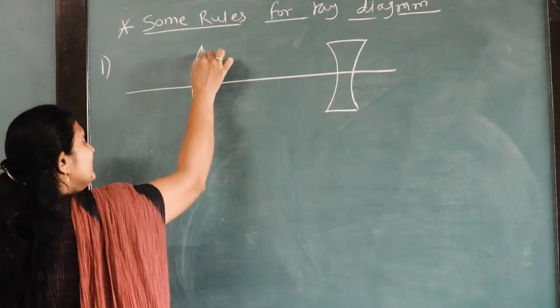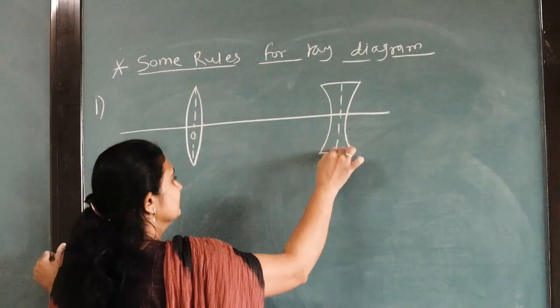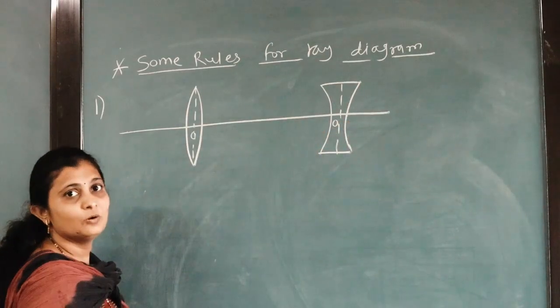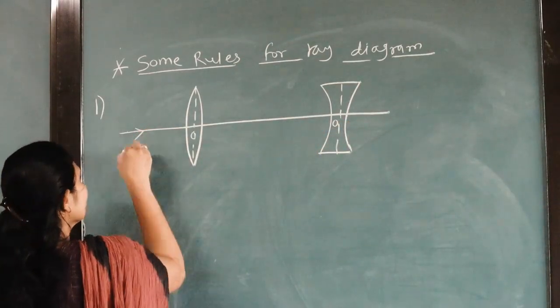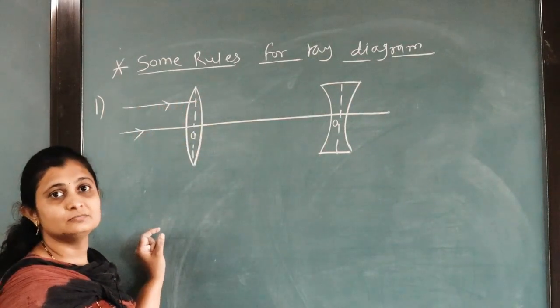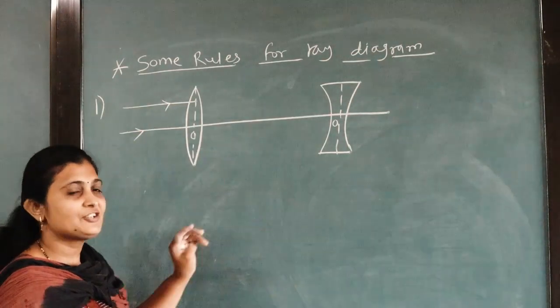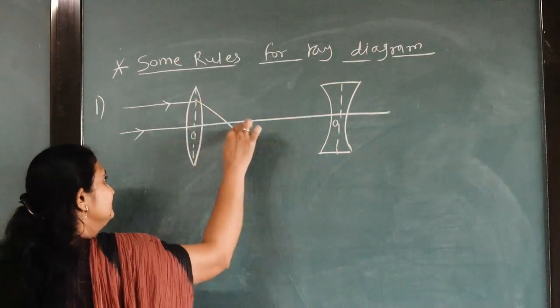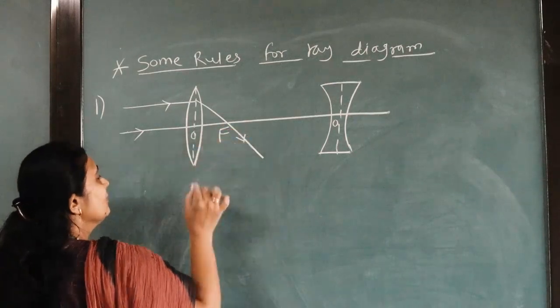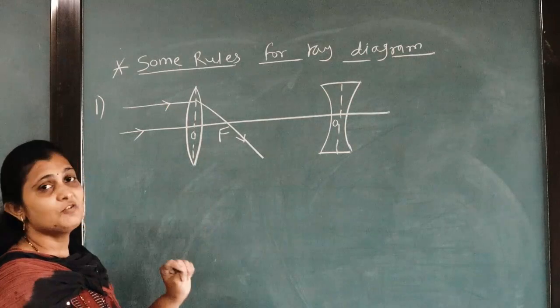Here is the optical center O. If a ray is parallel to the principal axis, that is the first rule, then after refraction it passes through the focus point. After refraction it will always pass through the focus point.